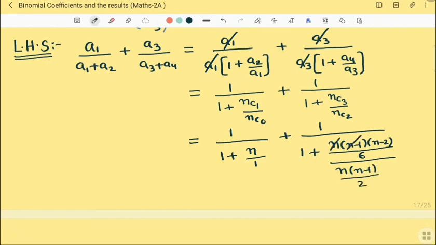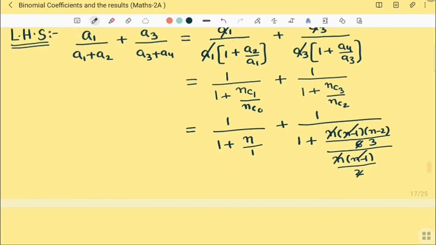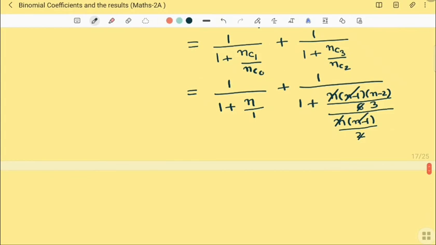Here n into n minus 1, n into n minus 1 get cancelled. 2 ones are 2, 2 threes are 6. So this LHS value will become 1 by 1 plus n plus, if you simplify this term, 1 by 1 plus (n minus 2) divided by 3. I will write 3 neatly.